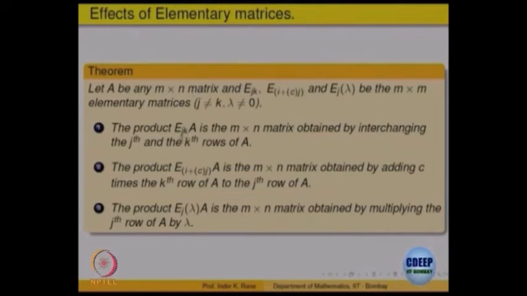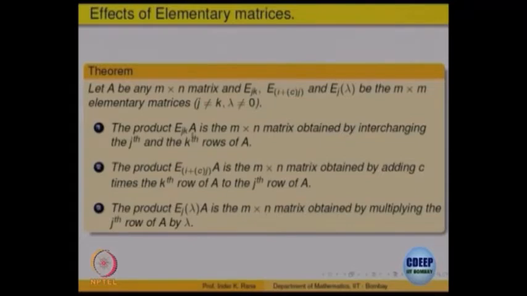You should be taking m cross m, because you are going to pre multiply, right. A is m cross n. So, you should be taking the identity matrix m cross m, doing the operation there and pre multiplying. So, take the matrix Ejk which is m cross m multiplied with A.